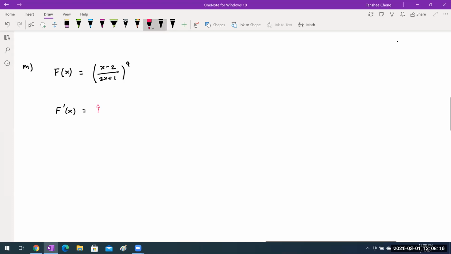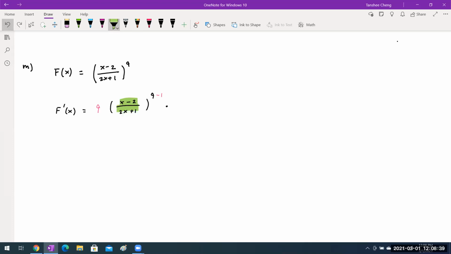And then what? Minus 1 to the power. And the inside part stays the same, which is going to be x minus 2 over 2x plus 1. Times the derivative of the inside function, which is this portion, right?